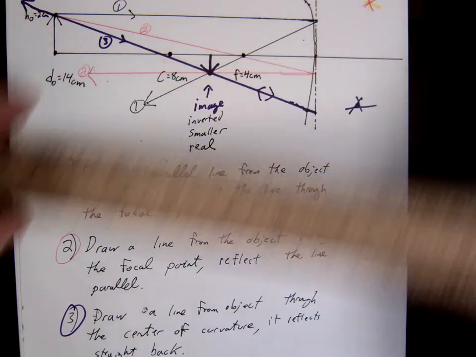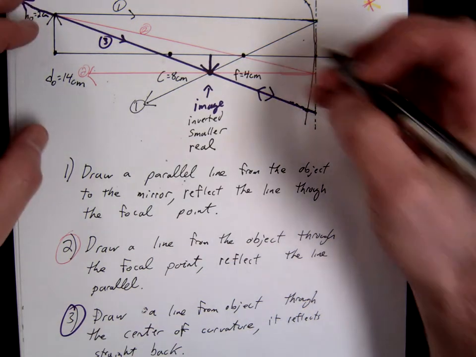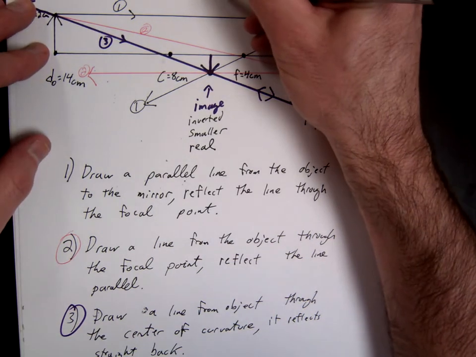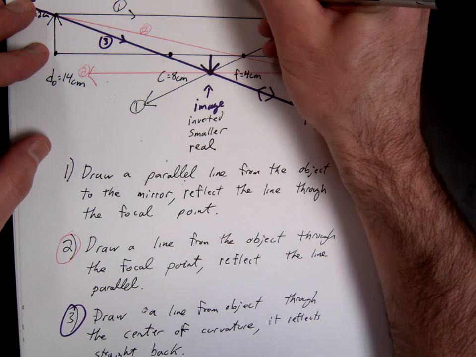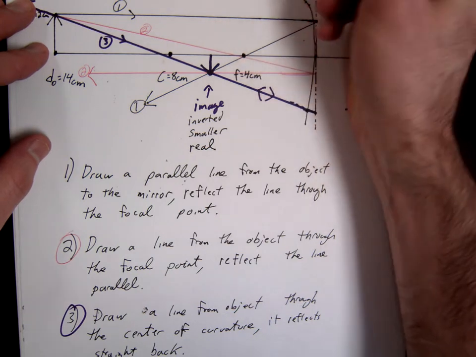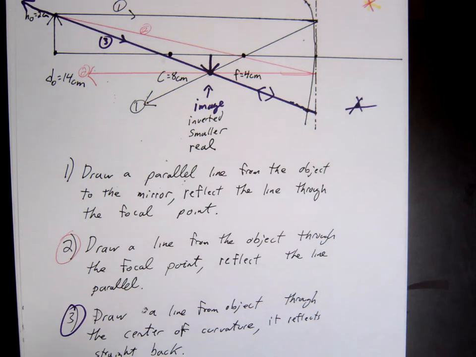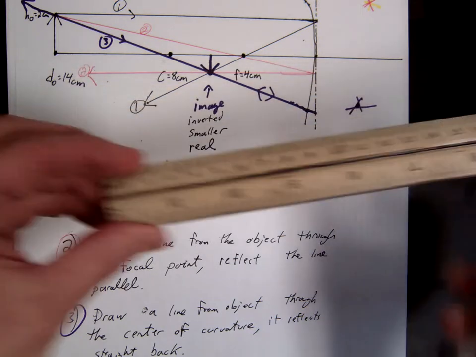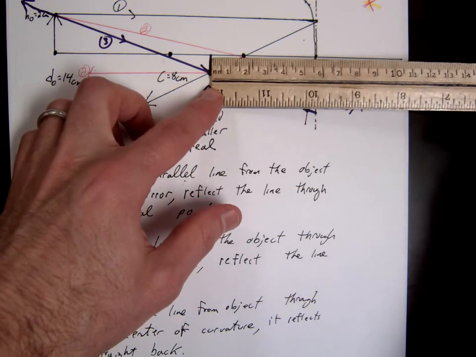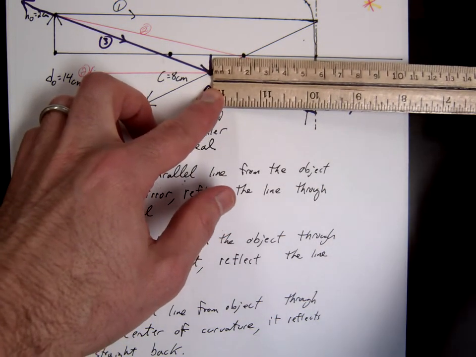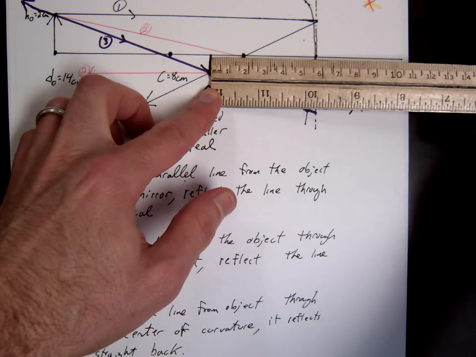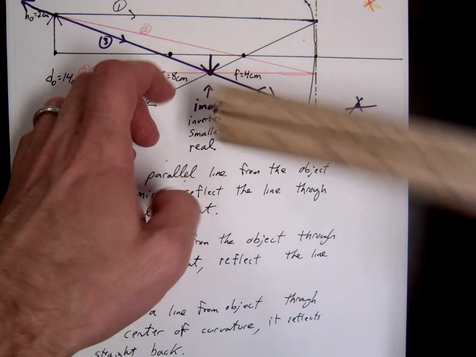Hopefully you're in that ballpark. So I would say, all right, my DI is 5.8. Hopefully you're in that ballpark, 5.7, 5.9, 5.6, 5.5, something like that. Again, you're measuring the distance from here to the mirror. Okay?